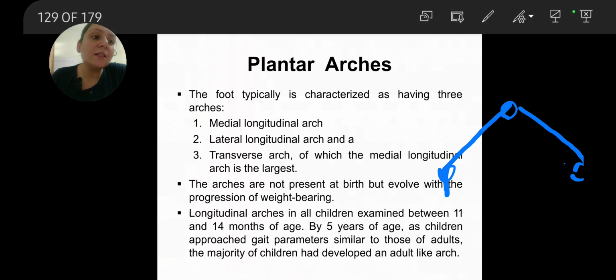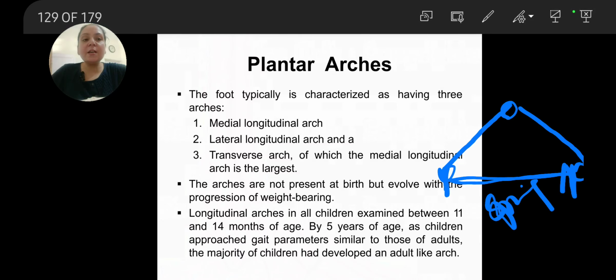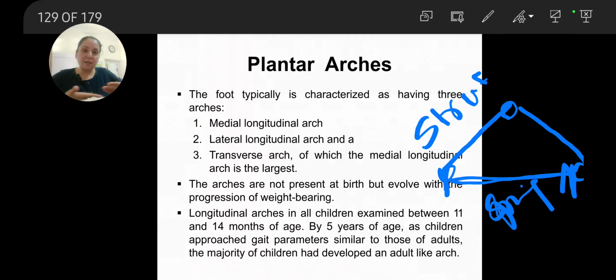You can see the two fixed points. This is basically a spring. So we say these are two studs which are being pulled, and it is acting as a spring. So this is basically a tie rod structure.